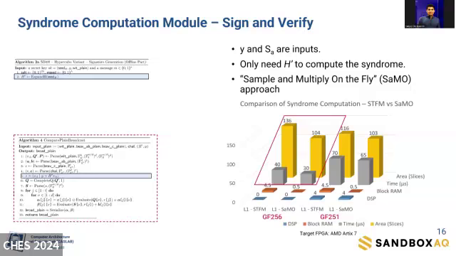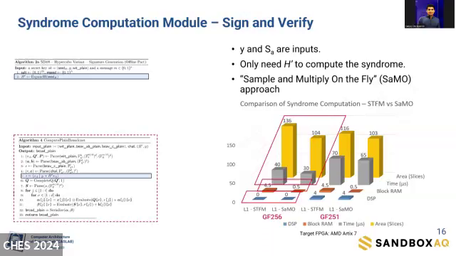Additionally, since we don't store the H matrix completely, we also save significantly on the amount of block RAMs that we use. A similar trend can be seen in terms of GF251 designs as well.